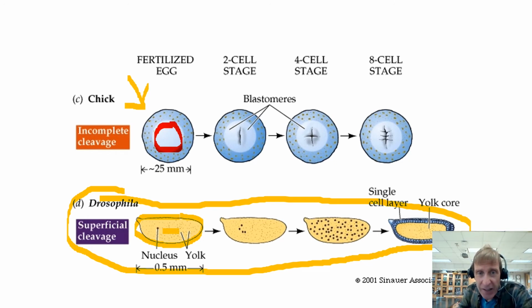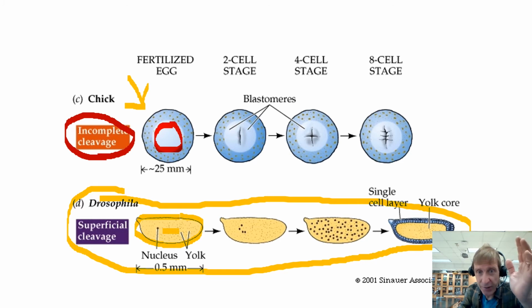So what you're seeing, the first cleavage furrow, you can see it right here. It starts dividing through, but when it gets to that yolk, it stops. So it's not a complete cleavage. Hence, these guys have incomplete or meroblastic cleavage. So there's partial division, not all the way through the egg.